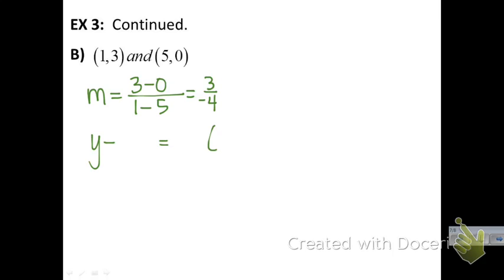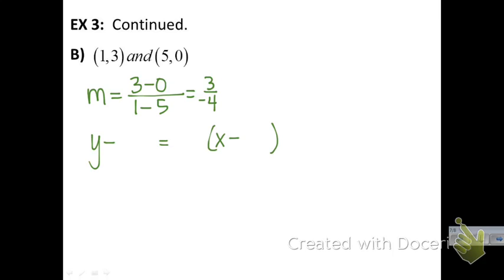Okay, B, same idea. We have 2 points. We need to find slope, so y1 minus y2 over x1 minus x2. And this gives us 3 over -4. And this negative, the placement doesn't matter if it's on top or bottom or out in front, and I like to put it in front when I use it later.